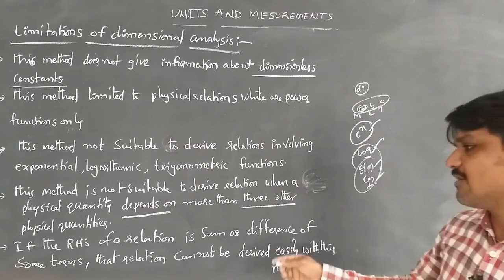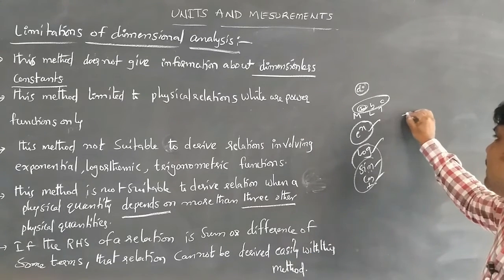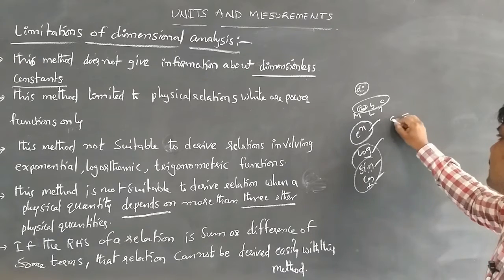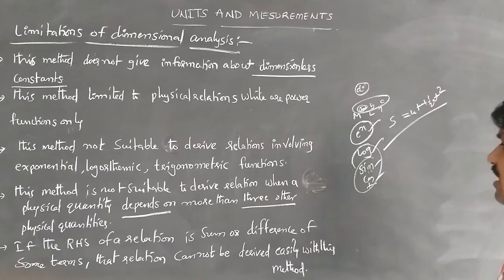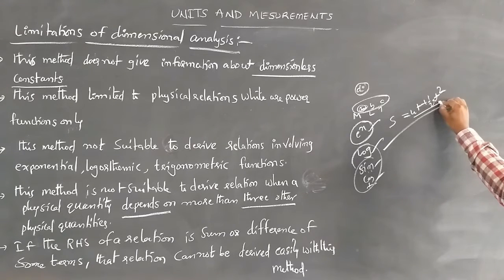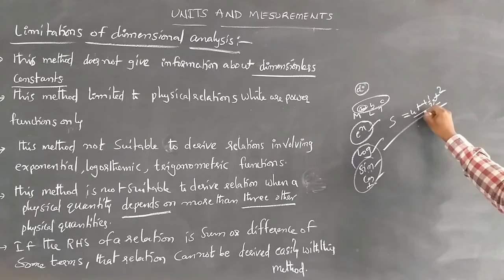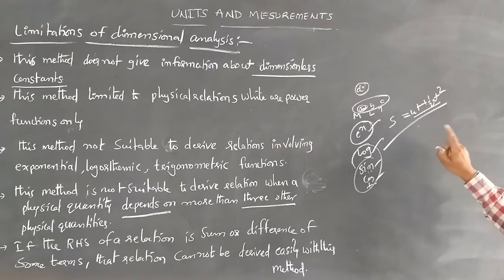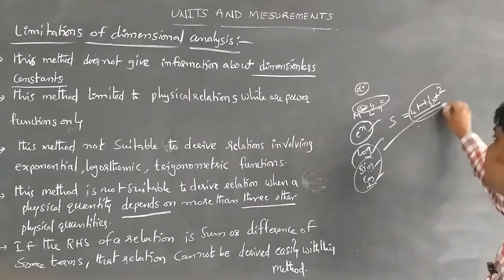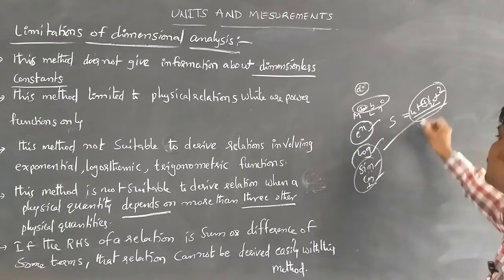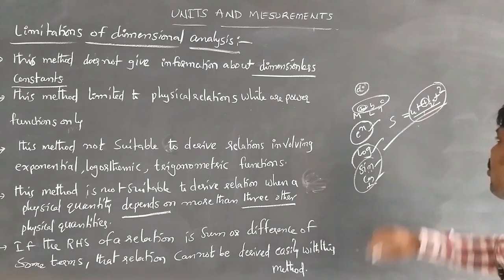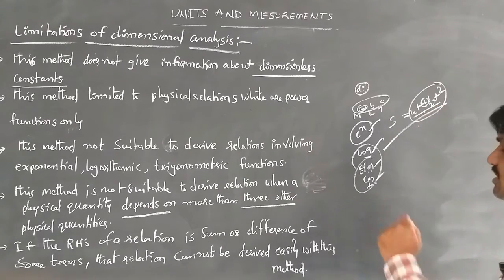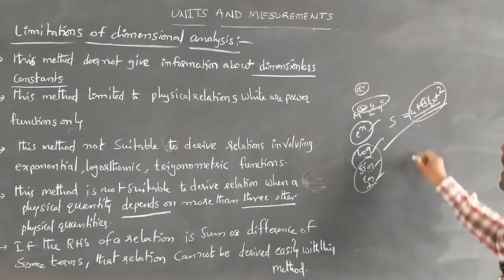The next one: in a dimensional equation like S = ut + ½at², if the RHS of a relation is the sum or difference of some terms, that relation cannot be derived easily by using the dimensional analysis method.